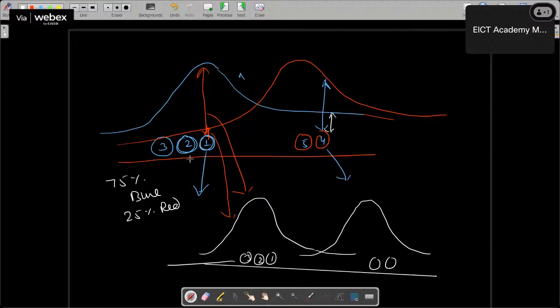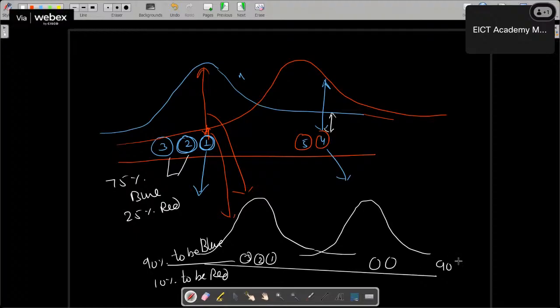After recalculating, or shifting the Gaussian curve on the basis of the likelihood, this time the data points are 90% blue and 10% red.